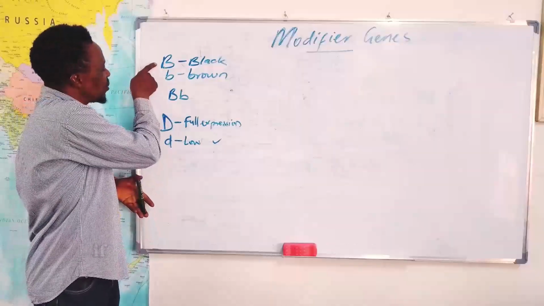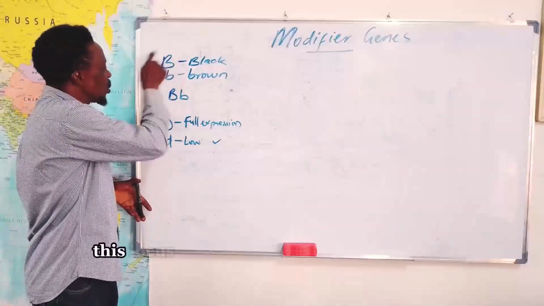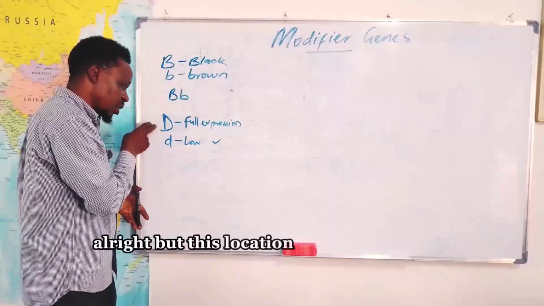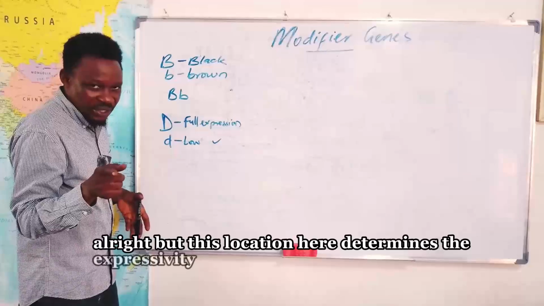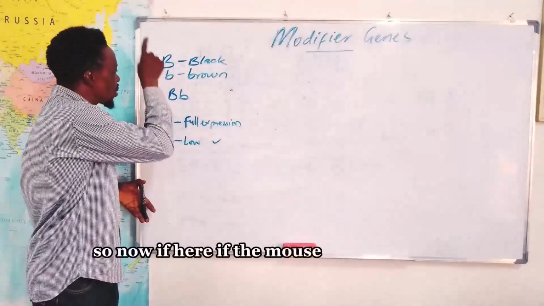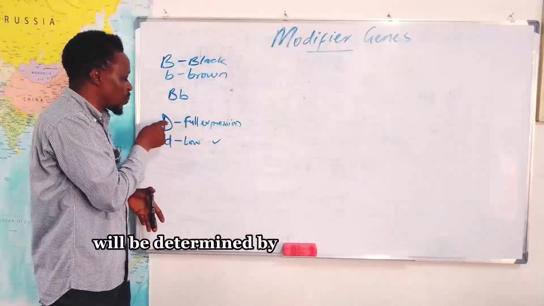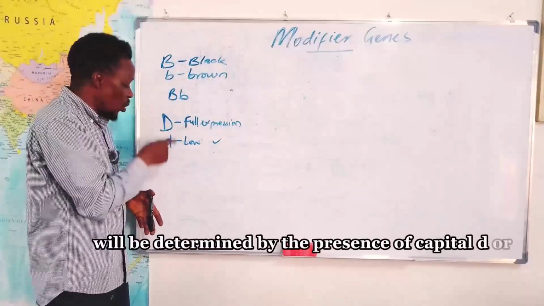So this locus here determines the color, but this locus here determines the expressivity. Now if a mouse is black, the extent to which the mouse is black will be determined by the presence of capital D or small d.